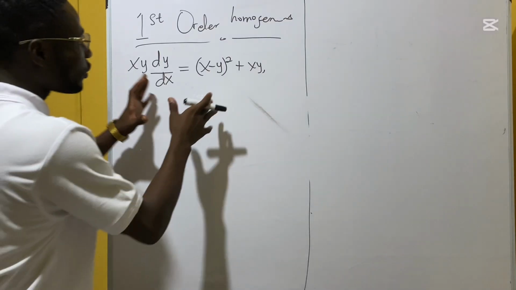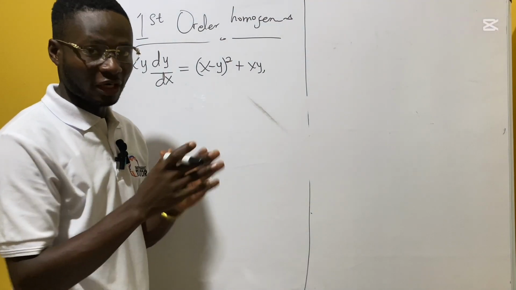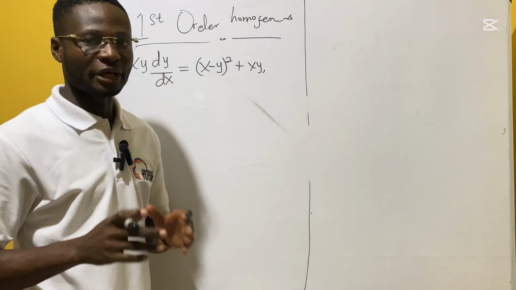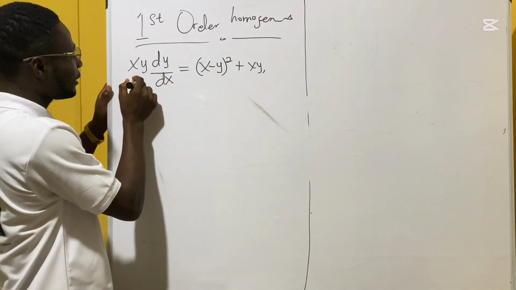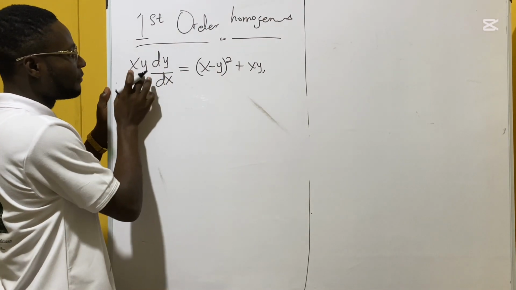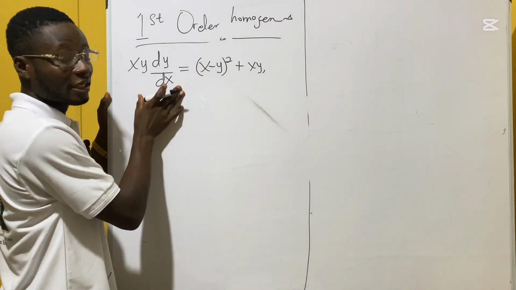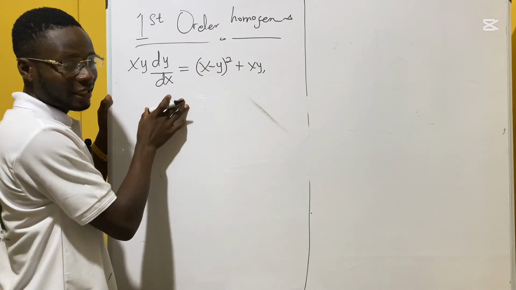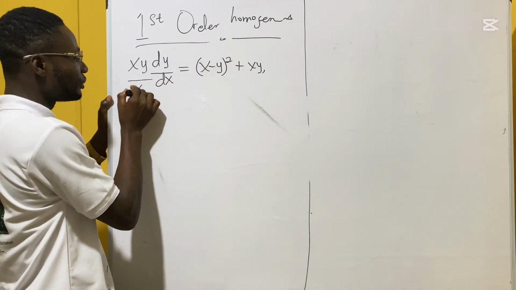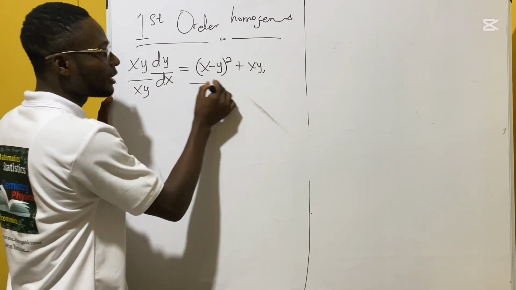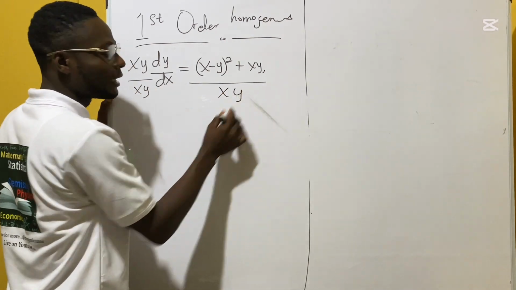Okay, so let's look at this problem to clarify the homogeneous method. Here, you see we have x, a function combined with the differential, which is dy dx. So we try to avoid this by dividing through by xy.